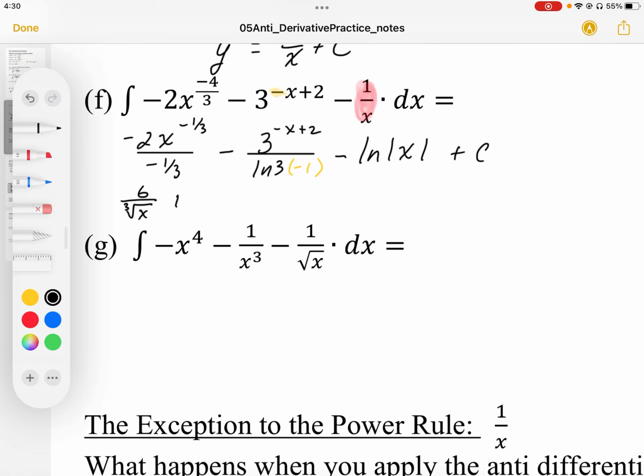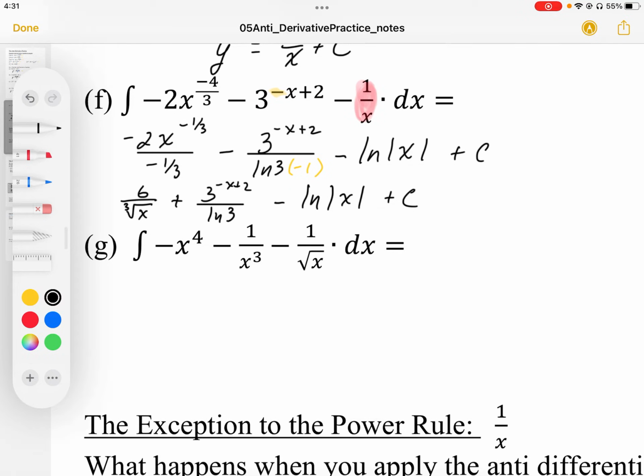The negatives here cancel, so I'm going to end up with plus, and this is just 3 to the power -x plus 2, and that's all over log 3. And then minus log absolute value x plus c.